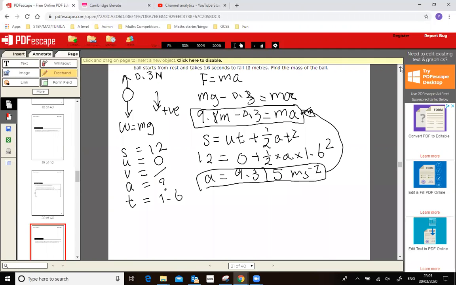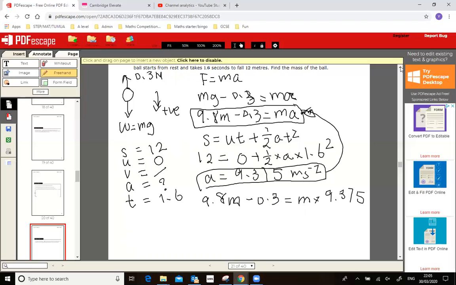Okay, right. Let's start substituting the numbers in. So we have 9.8 m, so basically the left-hand side stays exactly the same, minus 0.3 equals m times the acceleration 9.375.